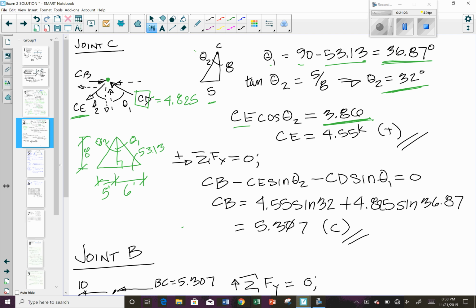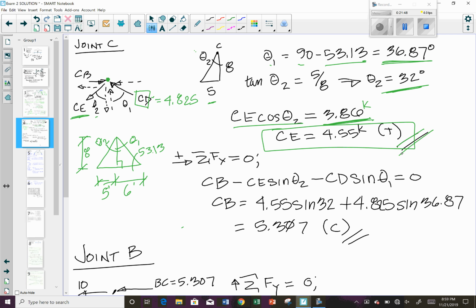To get the vertical component of CE, it's CE times the cosine of theta 2. That equals 3.86 kips. So dividing by the cosine of theta 2, our CE is equal to 4.55 kips. And it's pulling away, so that member is in tension.